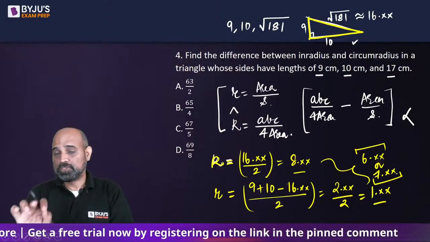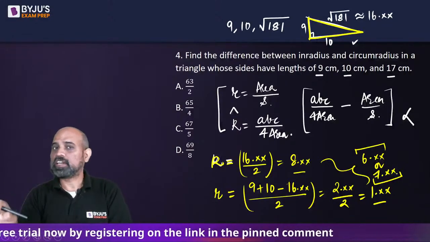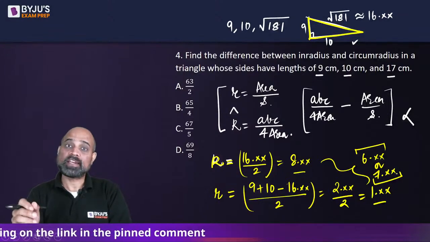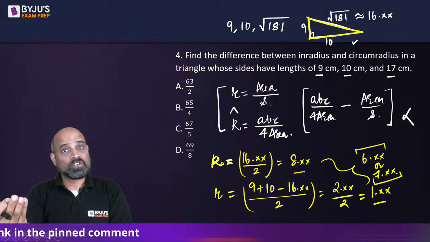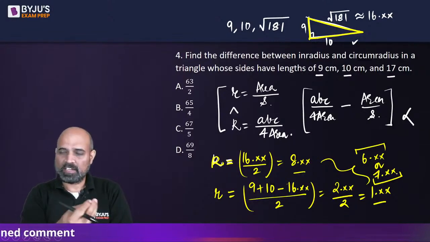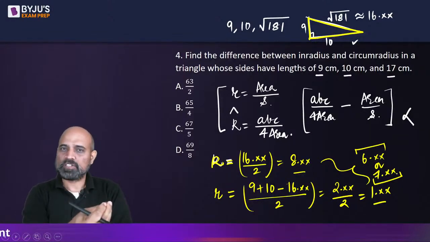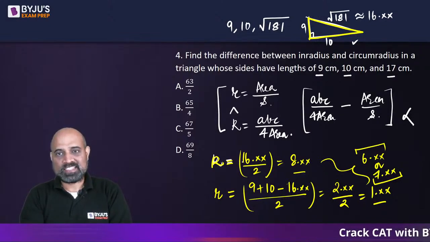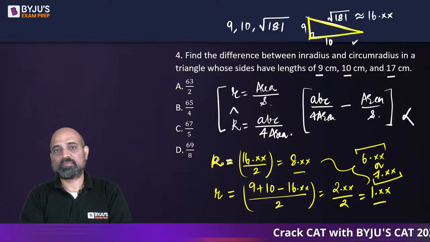Now, please do remember that actually it's not under root 181. Actually, it is 17, which is under root 189. So this is a little twisted right angle. Now, it is a little above right angle triangle, which is an obtuse triangle.